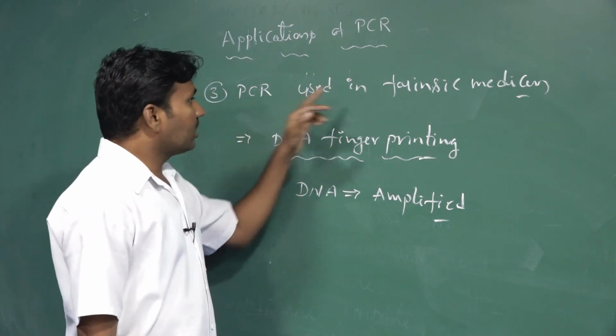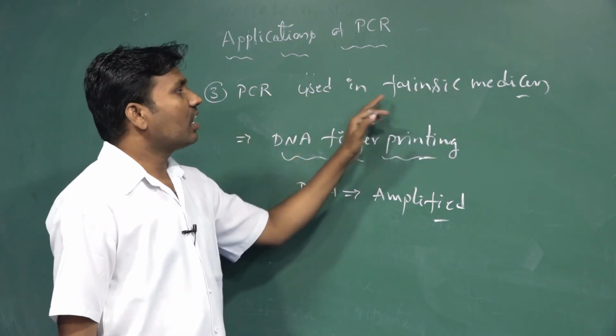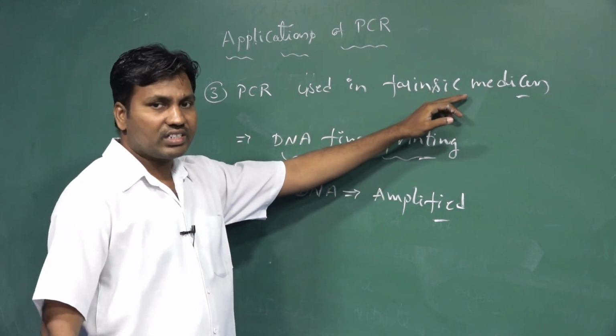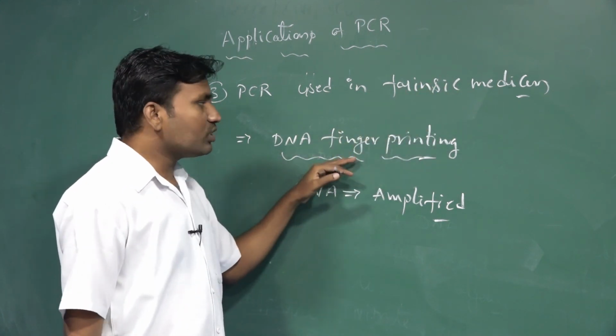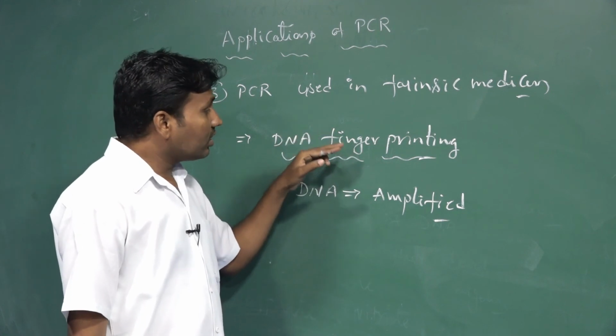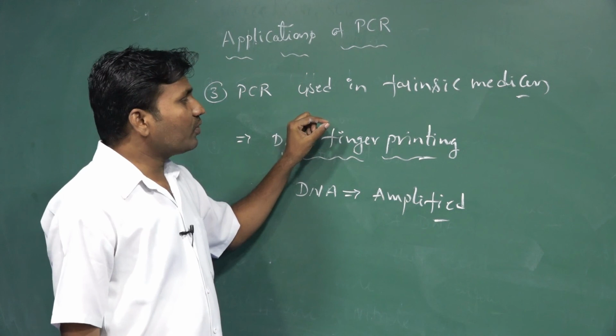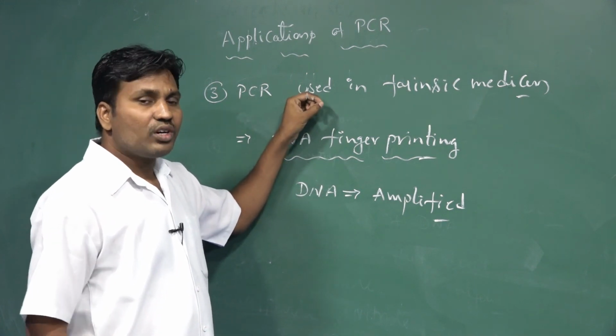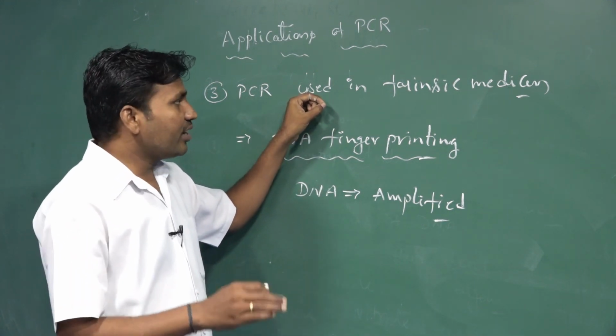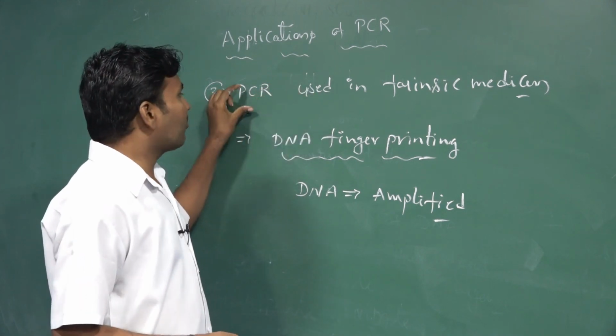In criminal identification, they use the DNA fingerprint. To conduct DNA fingerprinting, a small amount of DNA is enough to amplify, and that is amplified by using PCR.